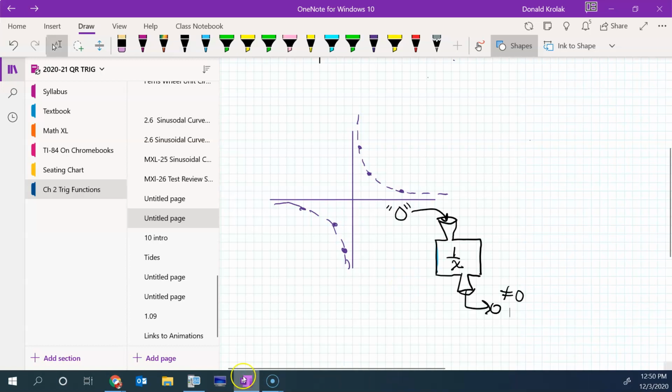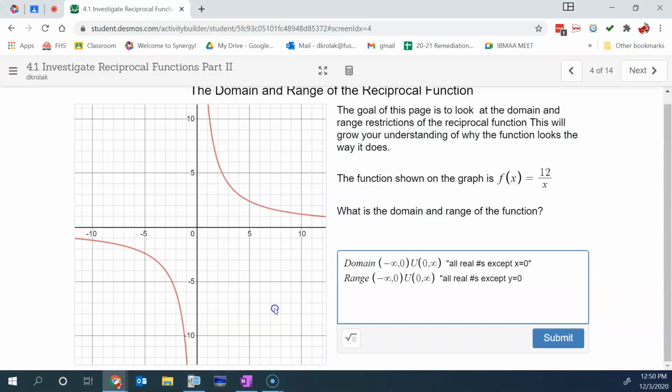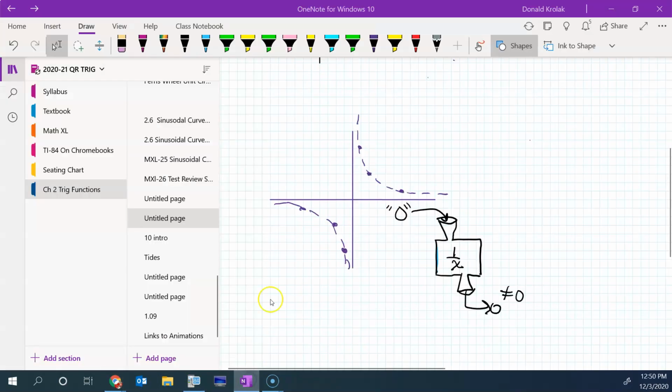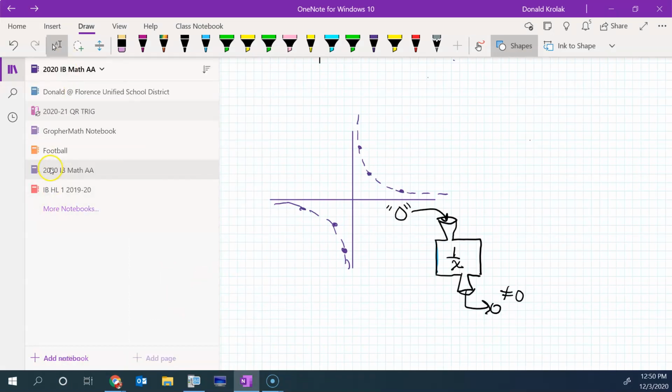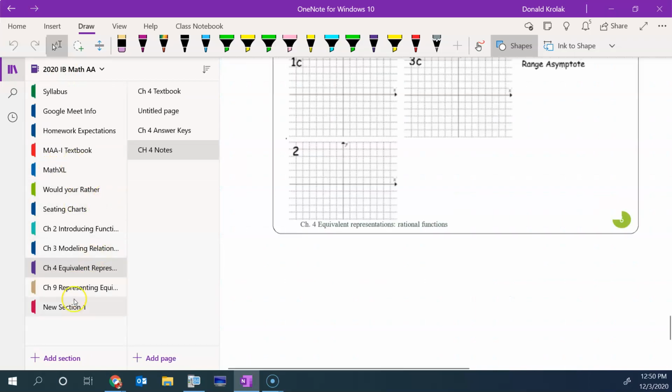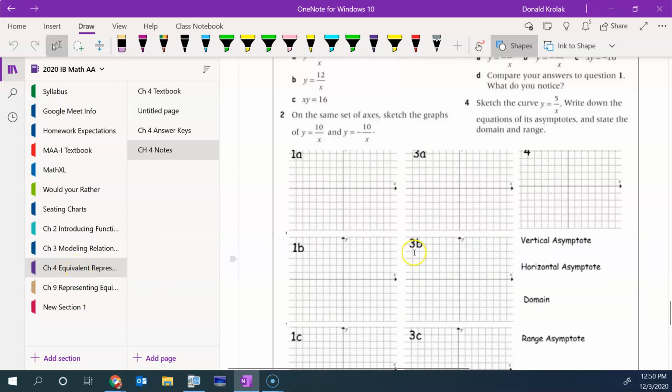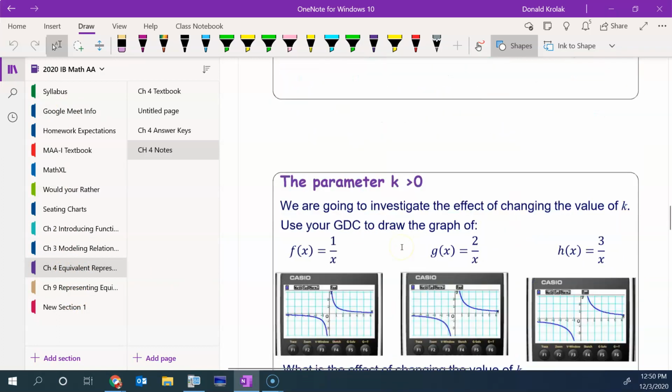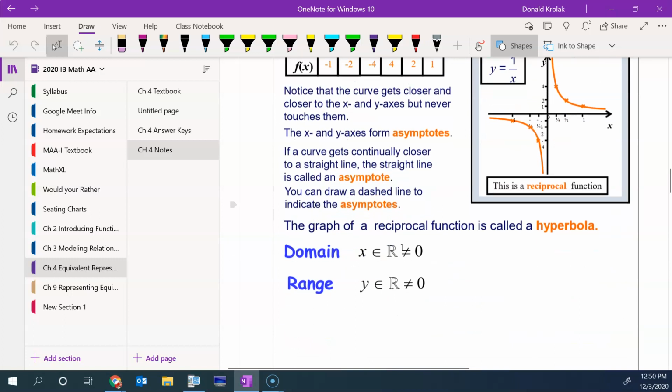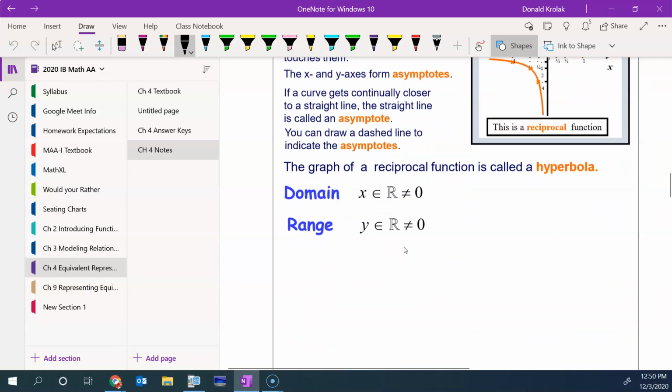All right, now if you go over to the packet that I gave you today, there's another way to write this notation. I just want to show it to you so that you understand what it is. This right here is another way of saying the exact same thing.